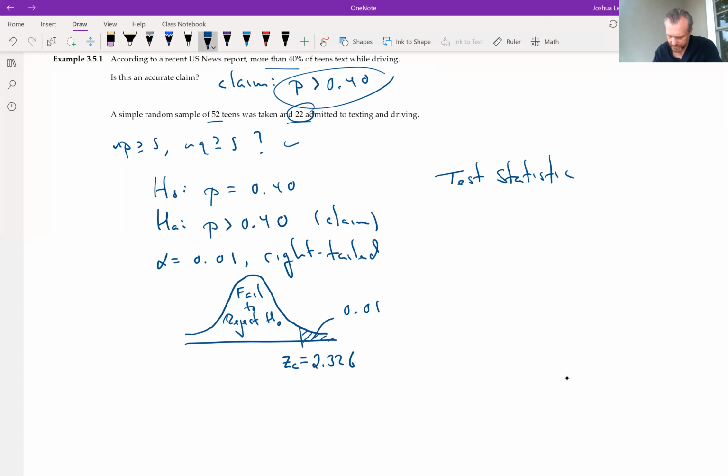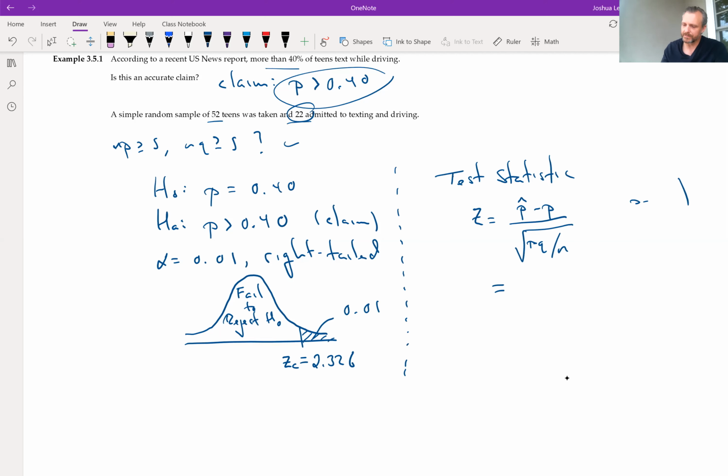If you want, you could think of this as two columns. I'm just moving my work over here. So our test statistic comes from this formula, p hat minus p all over the square root of pq over n. Well, p hat, and yes, that's how you pronounce that, p hat.